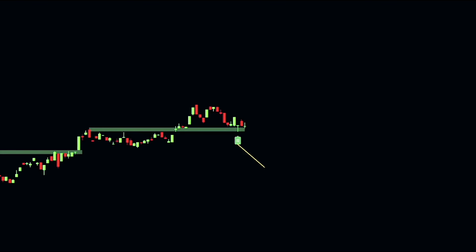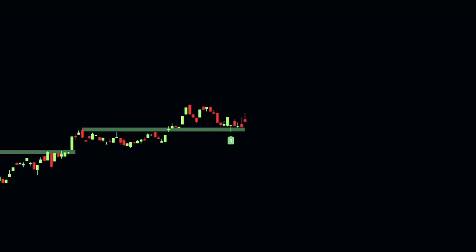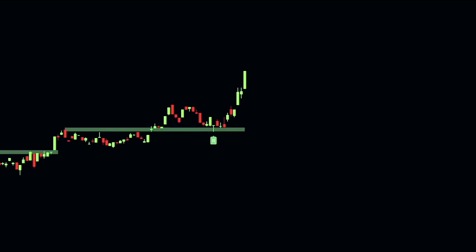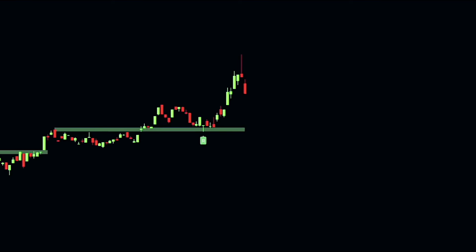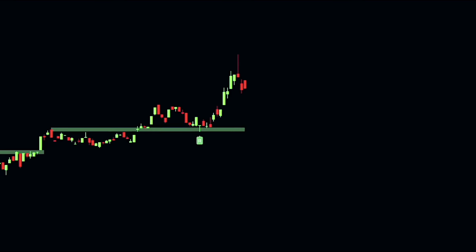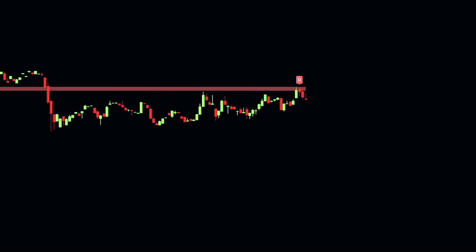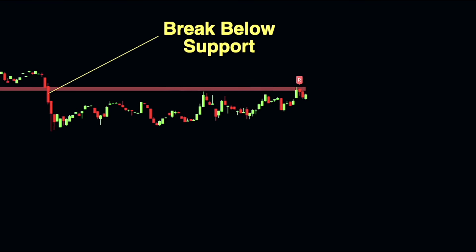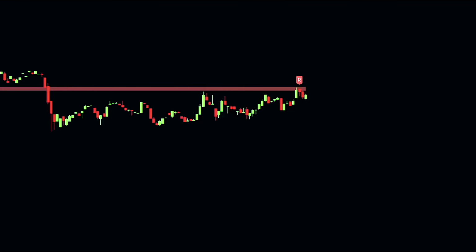It uses a mix of pivot points and price action analysis to give you killer insights for both signal-based and support-resistance trading strategies. Here's how it works. The indicator waits for a price to break above a support or resistance level, then watches what happens next. If the price pulls back, forms a wick below the level and bounces, it flags it as a retest.